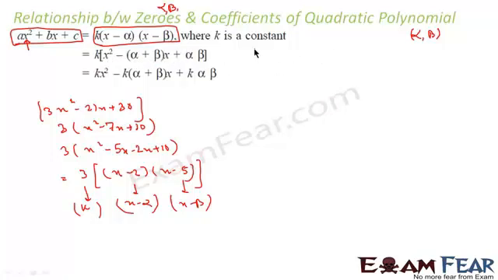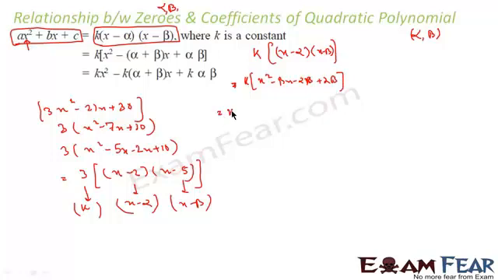So if you have k into x minus alpha into x minus beta, I can write it in this form: k into x square minus beta x minus alpha x plus alpha beta. Correct?